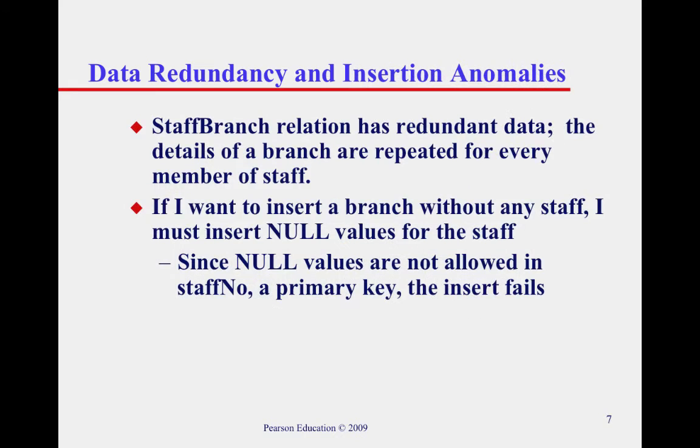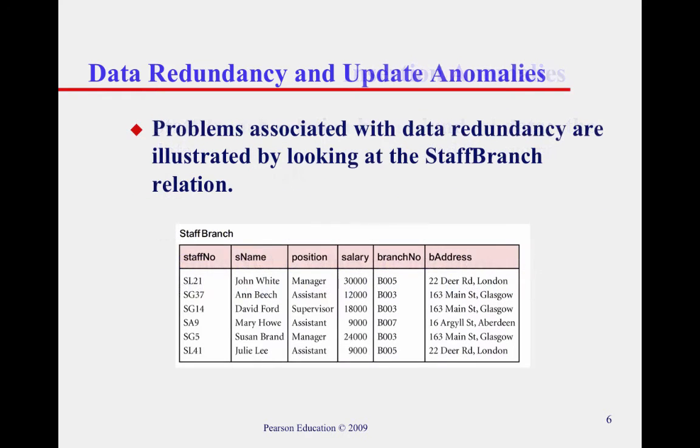Okay, so that's an example of what we call an update anomaly. There's also what we call insertion anomalies. So we may want to insert a branch that has no staff. Maybe we just are building a new branch because we've been so successful, and it's going to be branch V10 at 12 Cardiff Road.